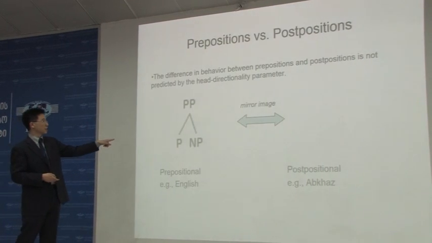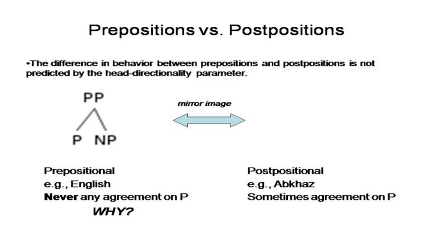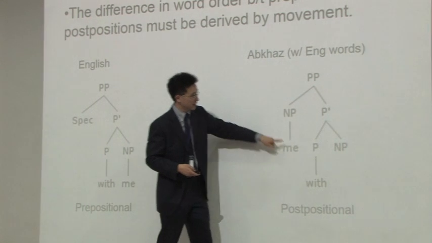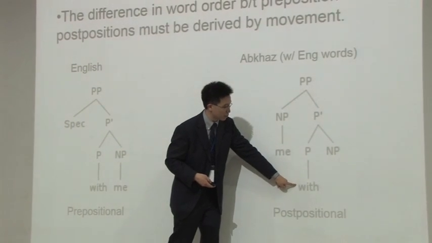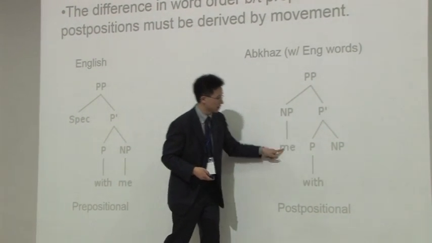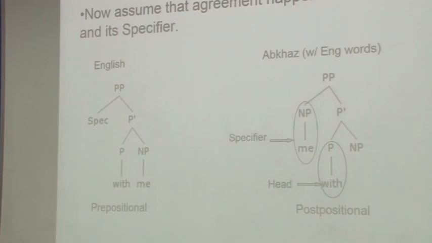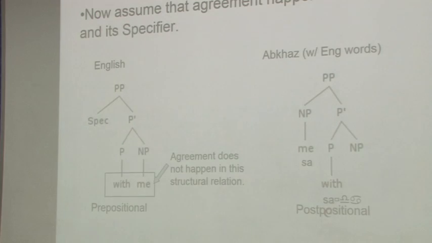But there is no language in which agreement happens with prepositions. And you can just take my word for it that you can explain this, again, by assuming that the postposition is actually a preposition and that the noun moves. Et cetera.